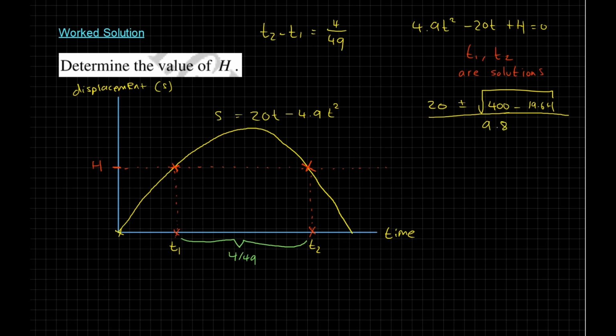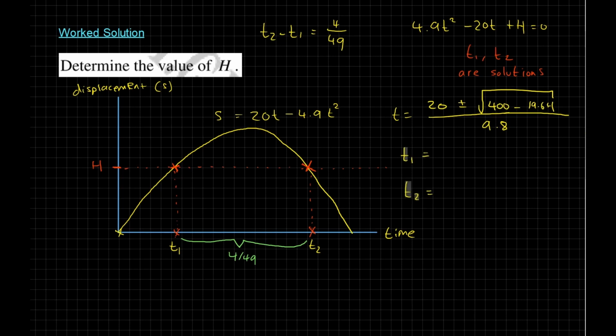That is our value for the t's. And in this case then t1 is equal to the positive version and t2 is equal to the negative version, except the other way around to what I just said, because of course t1 is the smaller value and t2 is the bigger value.